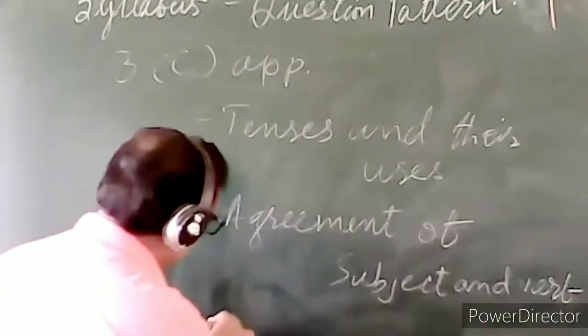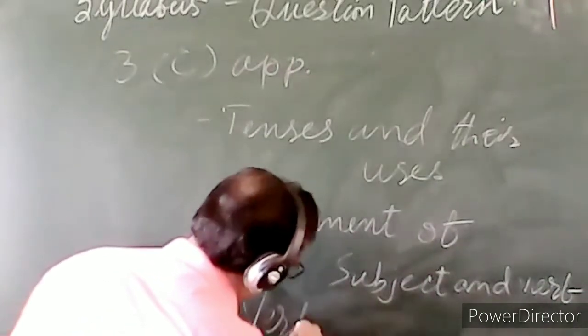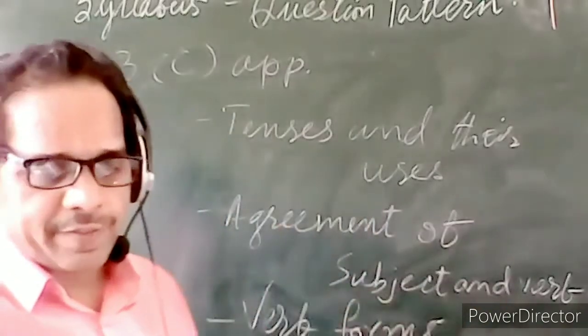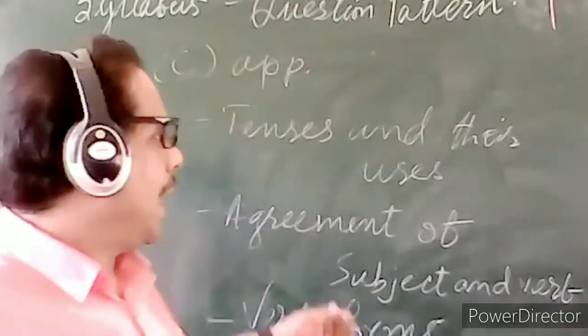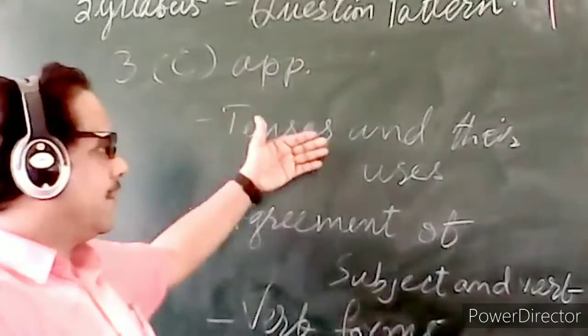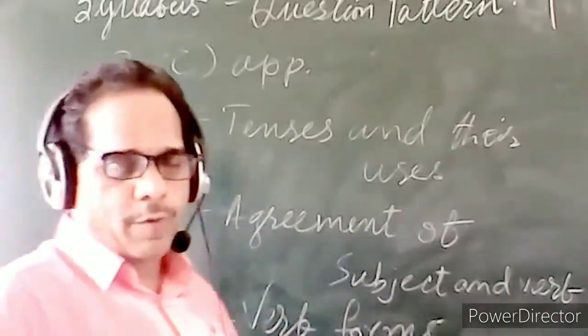And you'll have to study what you call verb forms. If you study these three things, then you can answer question number 3C: tenses and their uses, agreement of subject and verb, and verb forms.